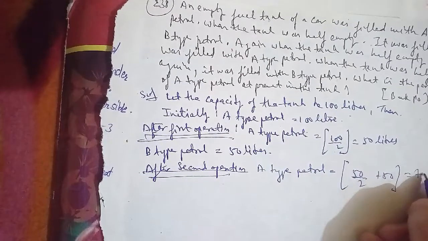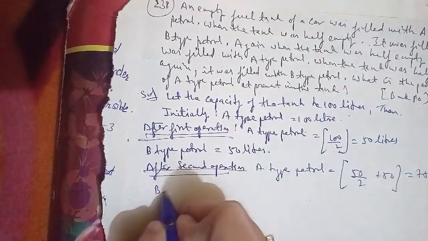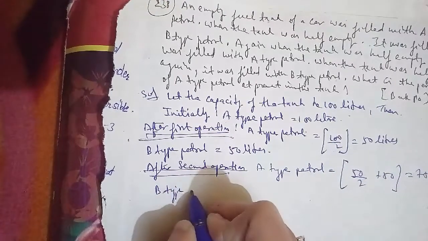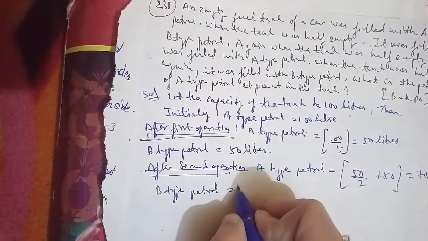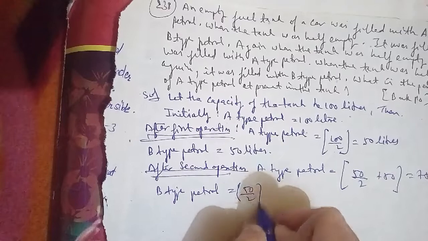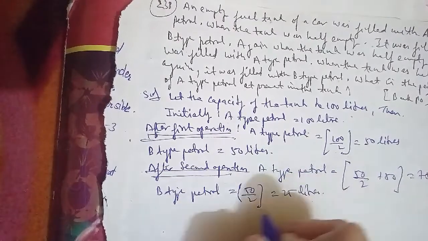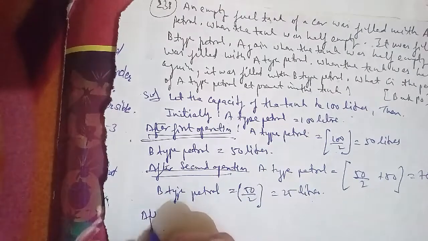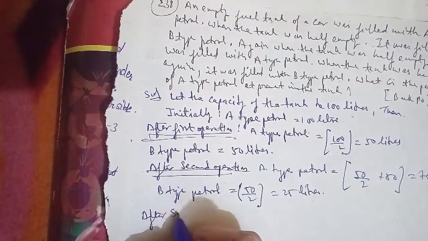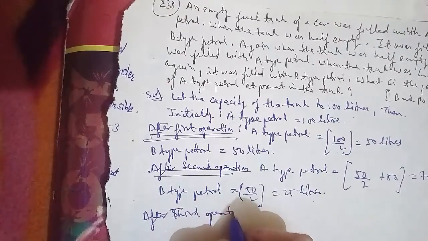B-type petrol equals 25 upon 2 plus 50, which is equal to 62.5 liters. So required percentage is 37.5%. That we have as an answer.